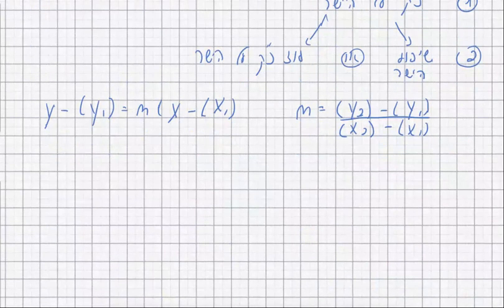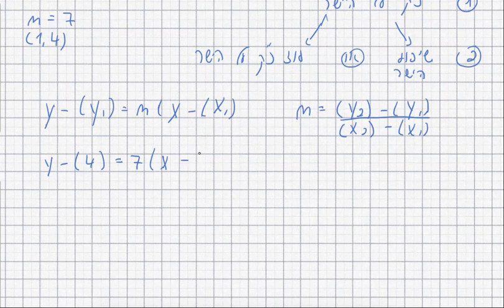So tell me what to write. We know that m equals 7, and the point that we have is (1, 4). So then it's just going to be y minus 4 equals 7 times, in parentheses, x minus 1.